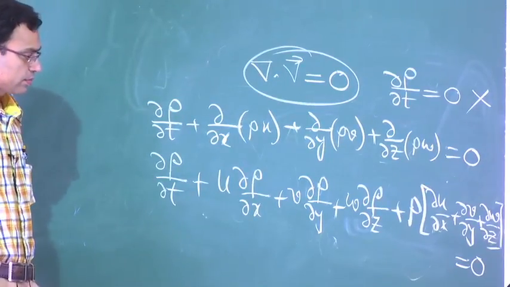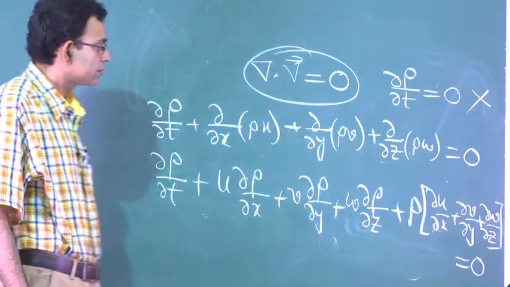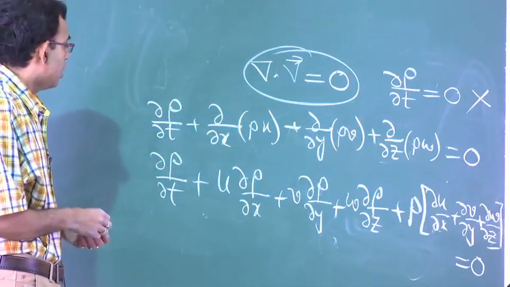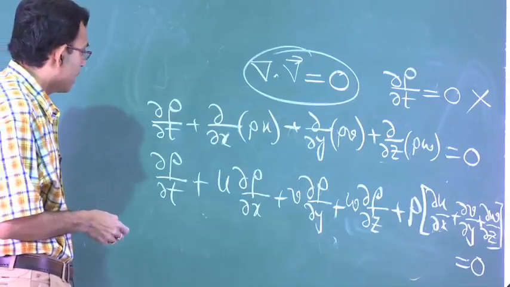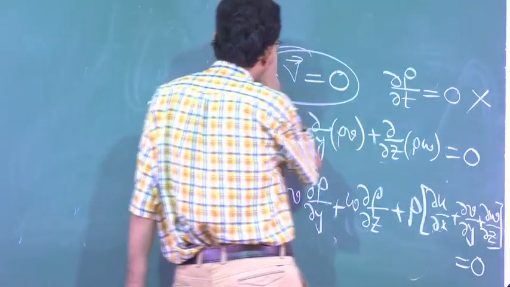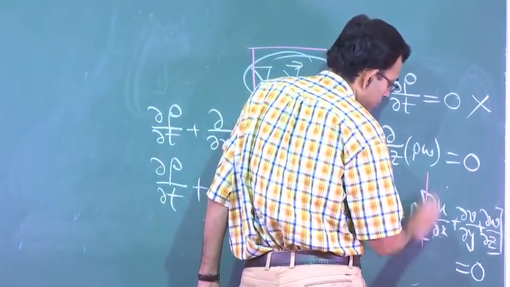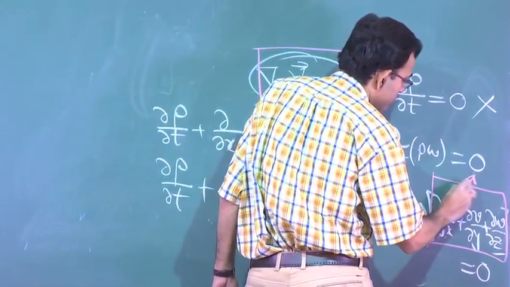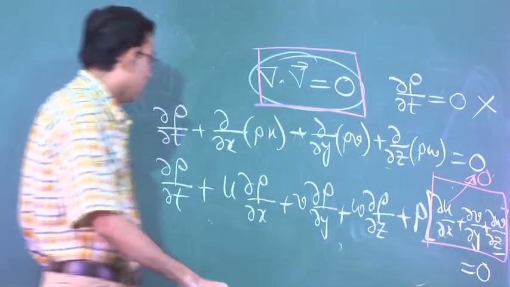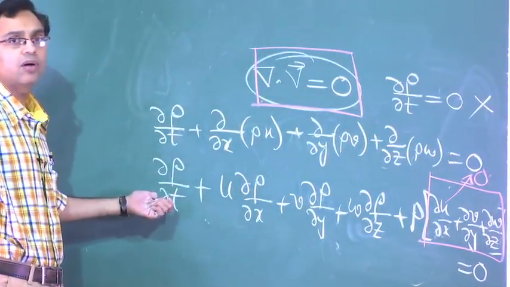Now, if you take this part as 0, then this is equal to 0, but that does not mean that del rho del t is equal to 0.